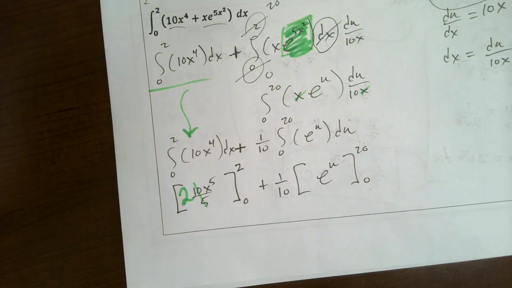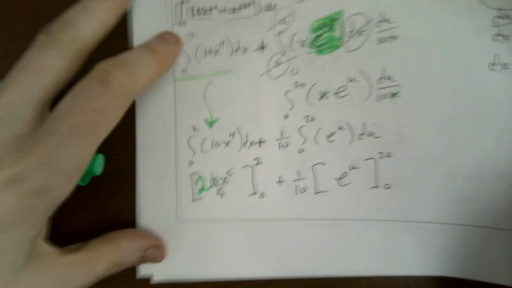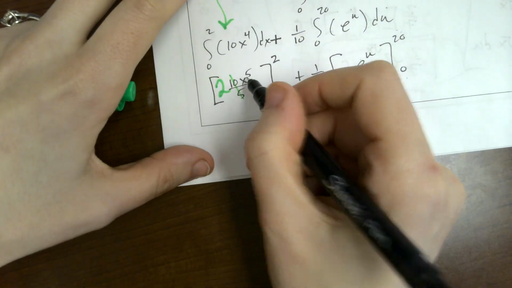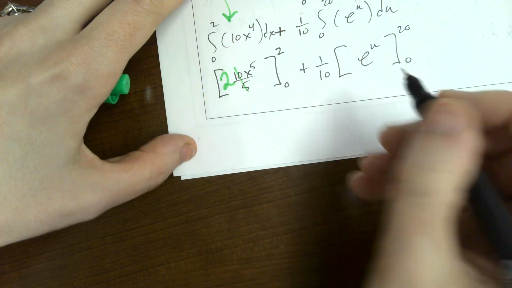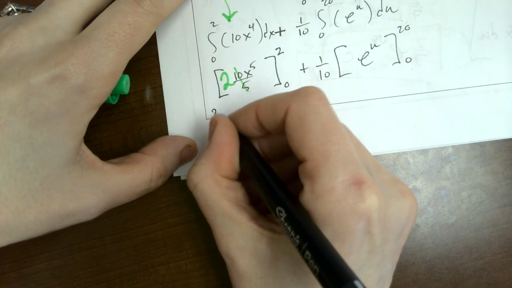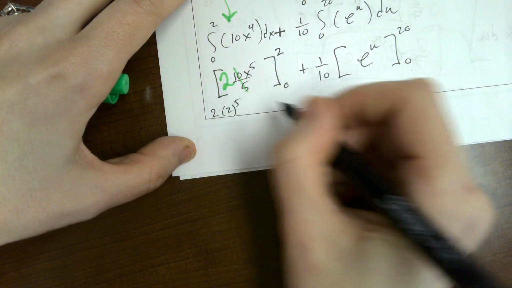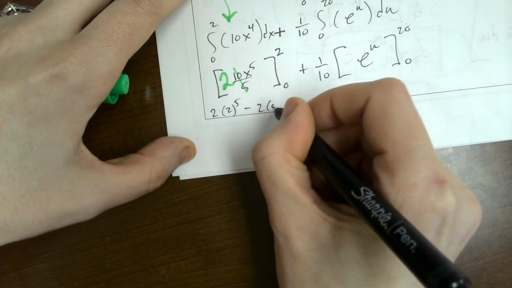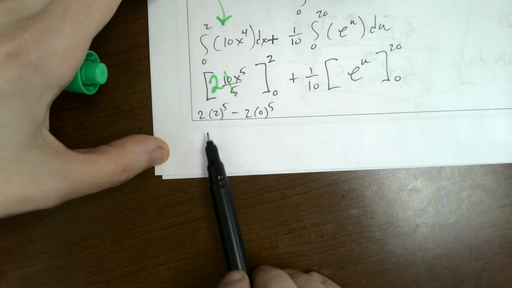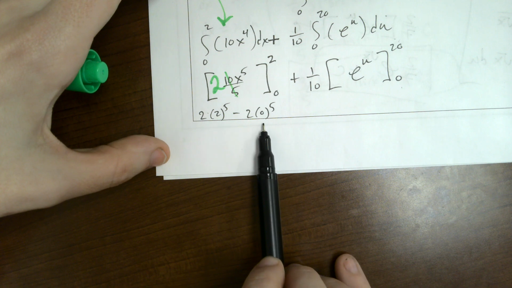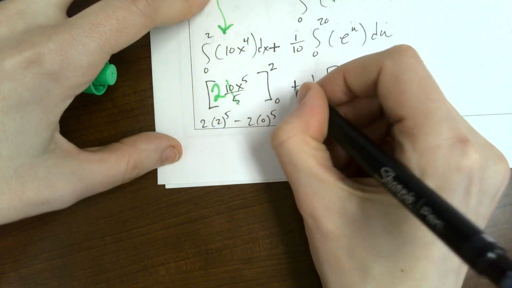Just to save room, I'm just going to write that. So that's 2x to the 5th. Here we've got 2 times 2 to the 5th minus 2 times 0 to the 5th. Final value minus initial value. That's net change.